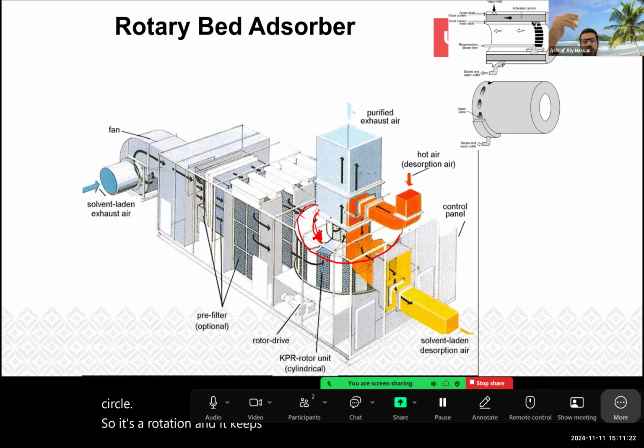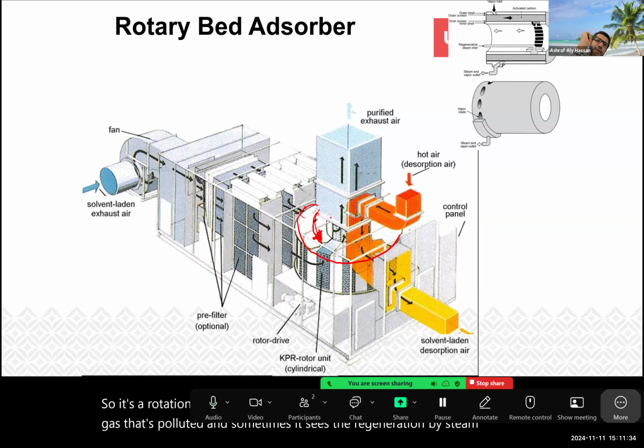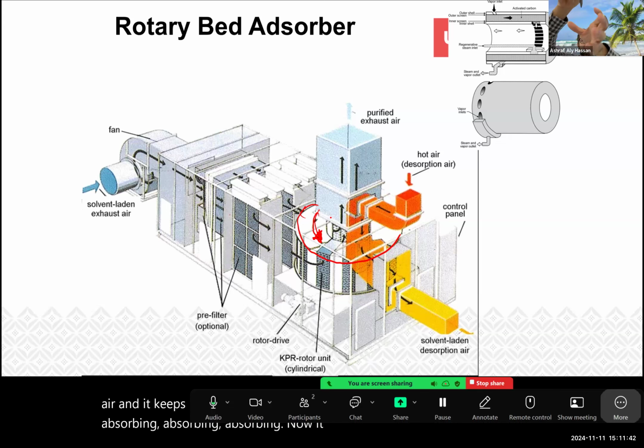The carbon in it, sometimes it sees the gas that's polluted, and sometimes it sees the regeneration by steam or by hot air. And it keeps rotating. So the same part is going on. Now it's adsorbing. Now it goes to the heat, it's being regenerated, and then it's adsorbing. So on the whole wheel, some of it is adsorbing, some of it is regenerating, and it keeps going.